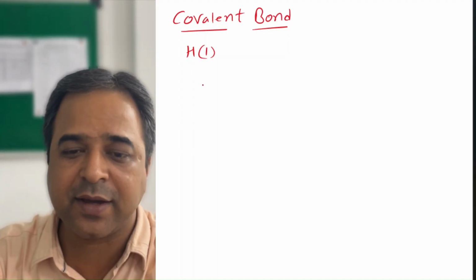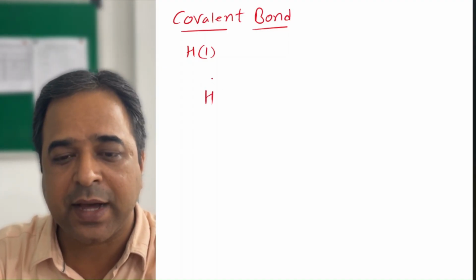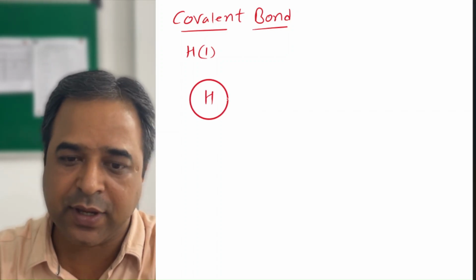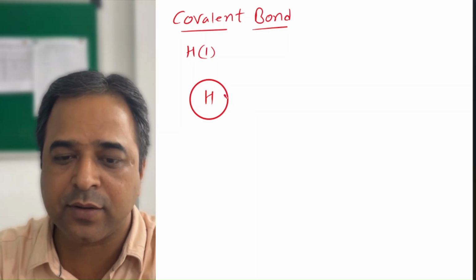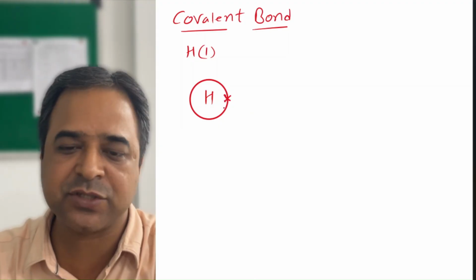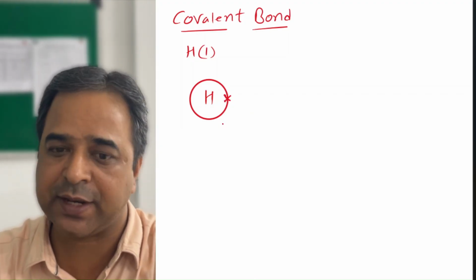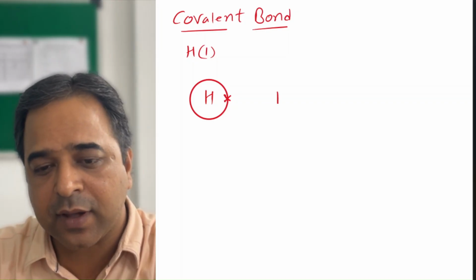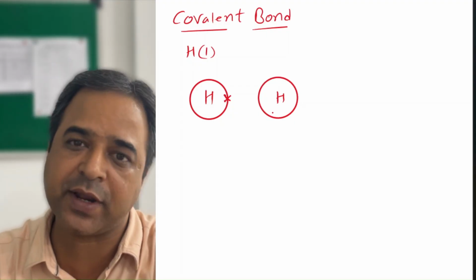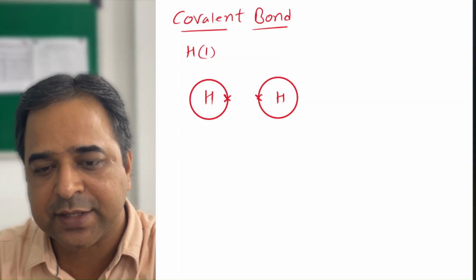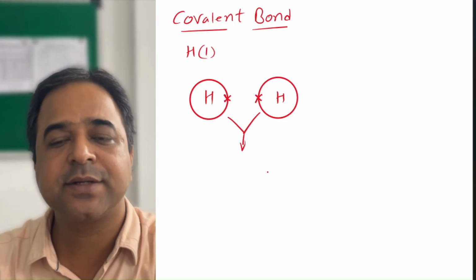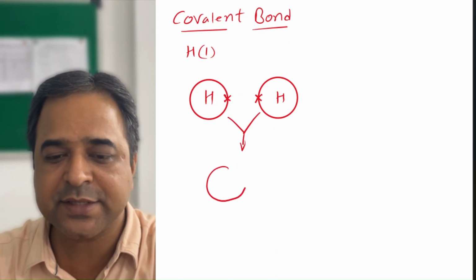So if we take hydrogen as one atom, here we are showing one electron in its first and last shell, which is also called the valence shell. If we ask another hydrogen, this will also have the same kind of electronic configuration.